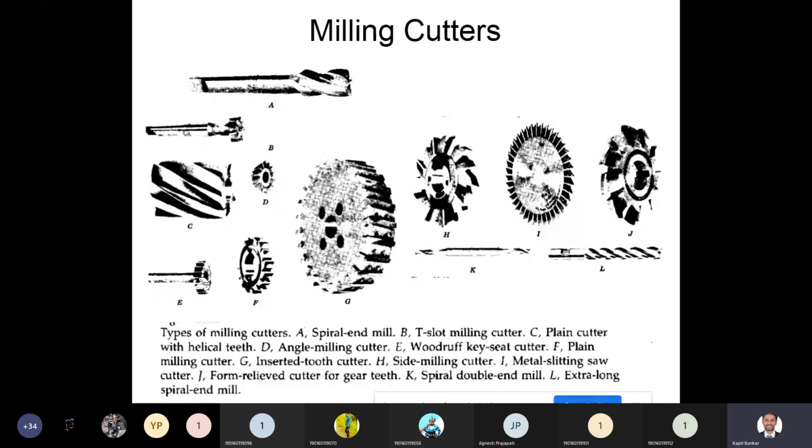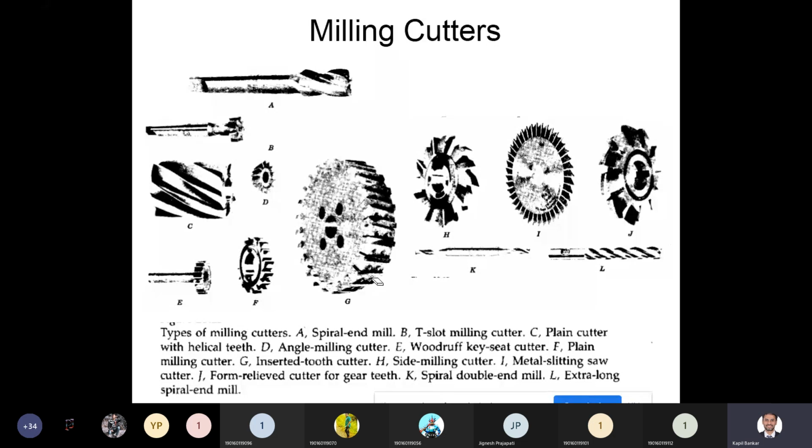So on the shaft, if you want to make a recess or a slot for mounting the cutter, that recess can be created with the help of this cutter. That's why it is called Woodruff key seat cutter. Then this is called plain milling cutter. This is also mounted on the arbor.